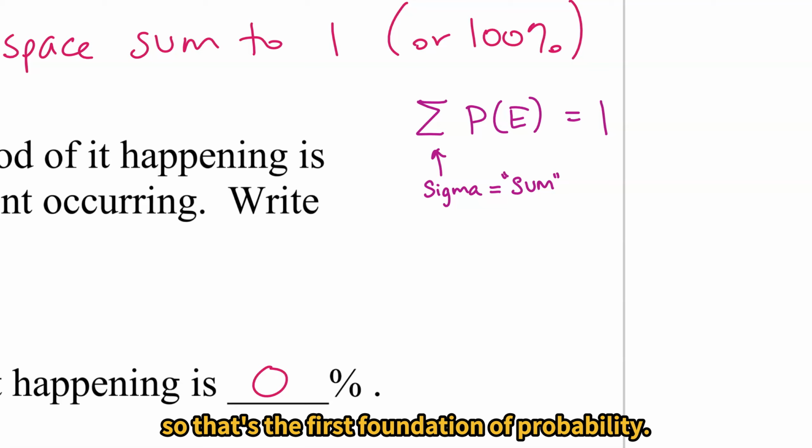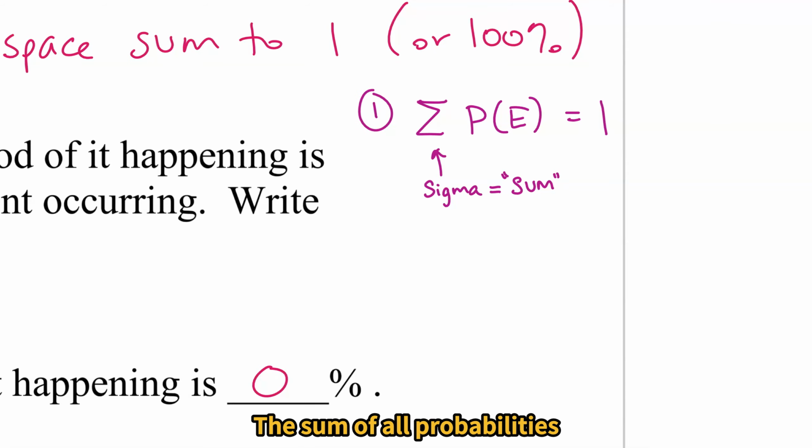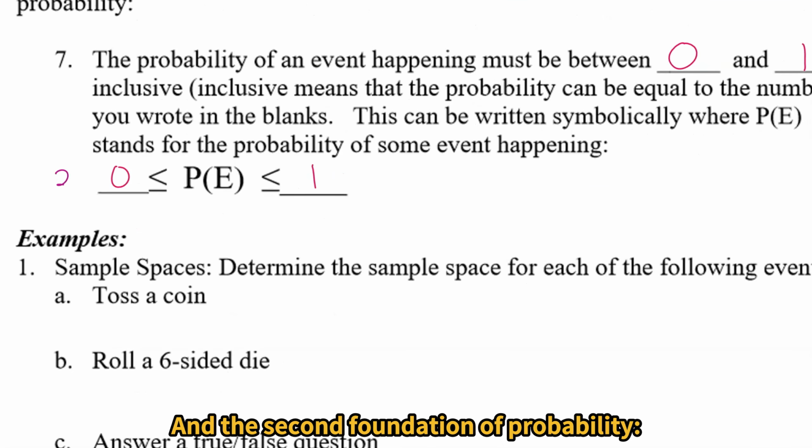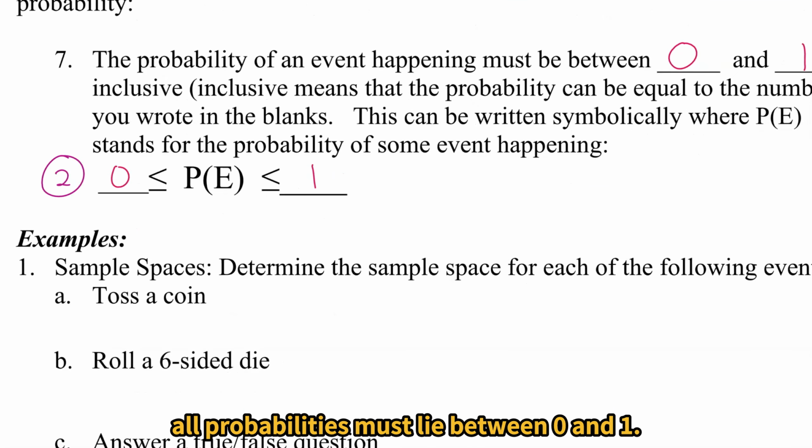So that's the first foundation of probability: the sum of all probabilities equals 1 in a sample space. And the second foundation of probability: all probabilities must lie between 0 and 1.